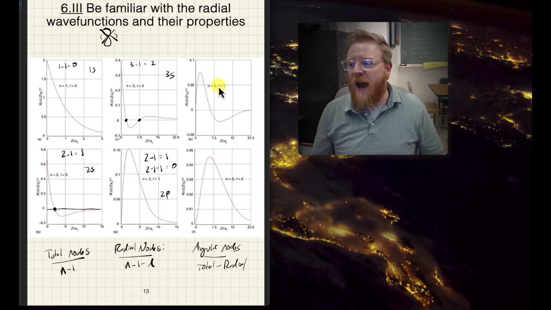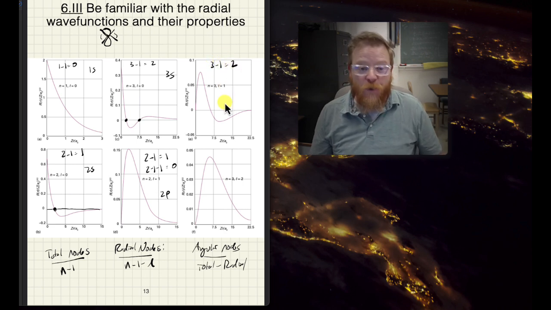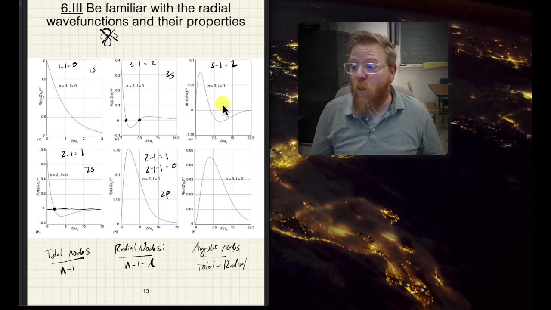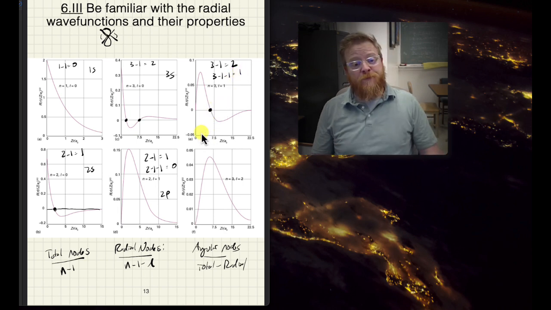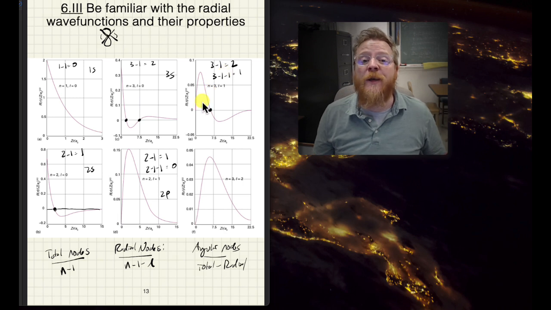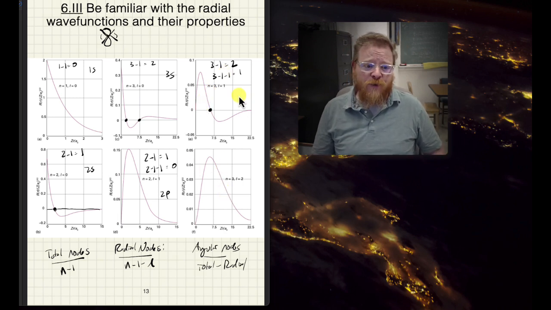Going up, we've got now n is 3 and l is 1. So that becomes 3 minus 1 equals 2 total nodes. One of them will be radial from the 3 minus 1 minus 1 equals 1. And there is our radial node, meaning the other node is an angular node. And right, so we know that that's 3p.